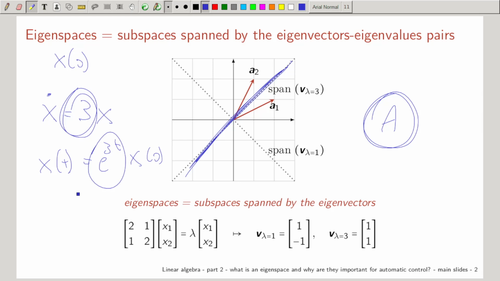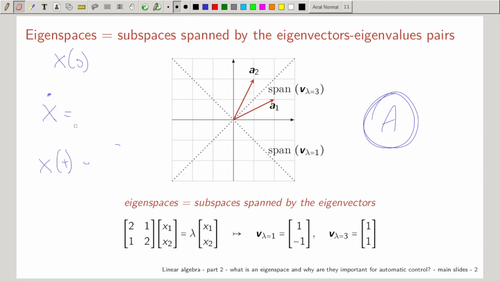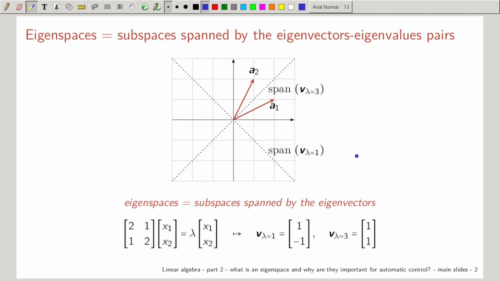1, 2, 3. So, let's see if we are together on this. For this, we have an eigenvalue of 1. I start from x0 equals to minus 1, 1.